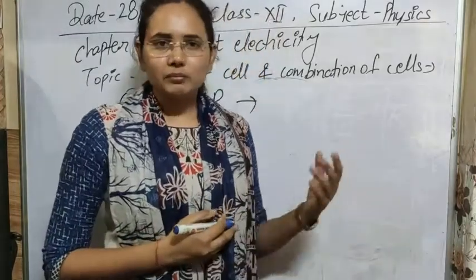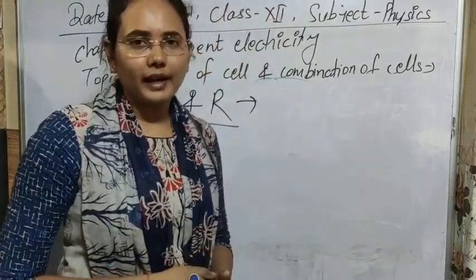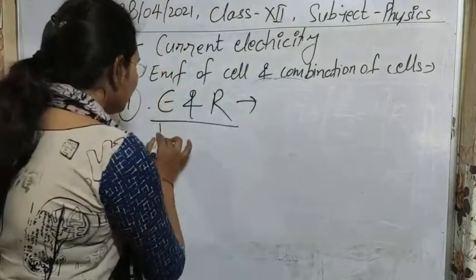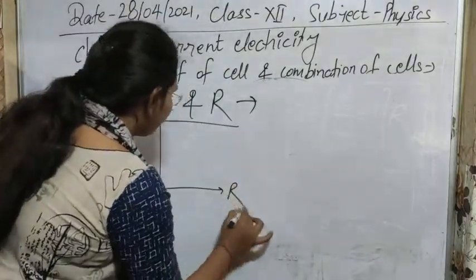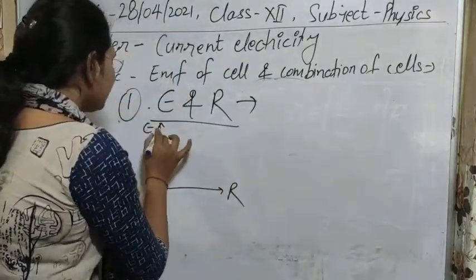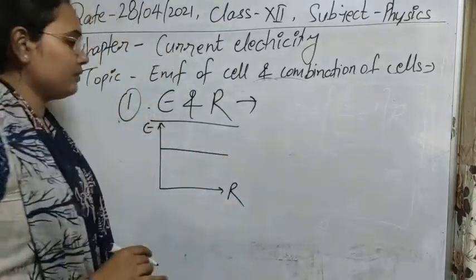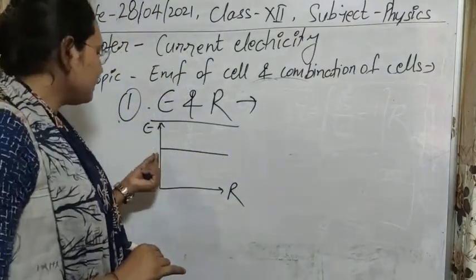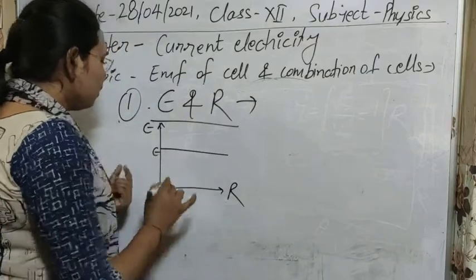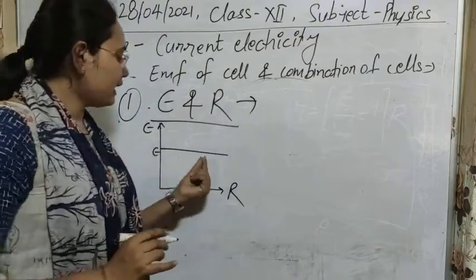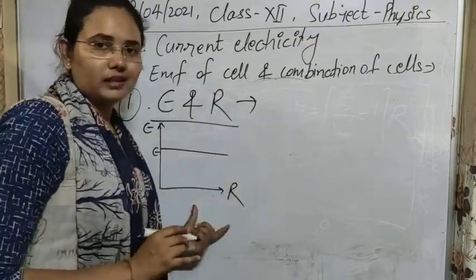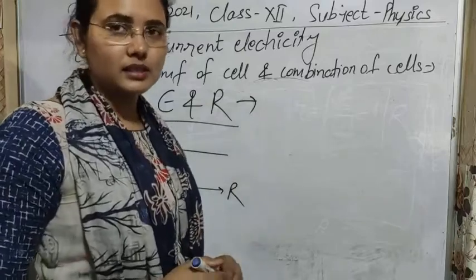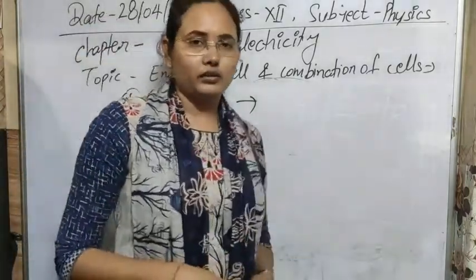So it is independent of any kind of external resistance. If you make a graph between them, the graph is constant. If epsilon is the EMF of a cell, then that EMF will be constant, independent of the resistance that we connect in the outer circuit.